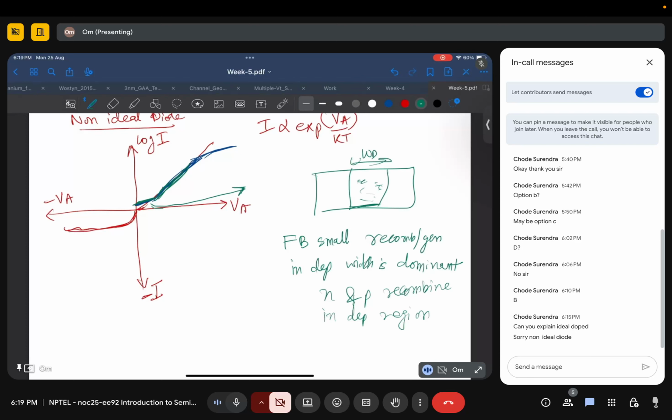But after some forward bias, what we assume is the depletion approximation, that there is no recombination or generation in the depletion region. So an electron going from here directly goes here. A hole going from here directly goes here. That is the ideal behavior. That only happens after forward bias is greater than, let's say, 2 to 3 kT. Then only we get ideal behavior.